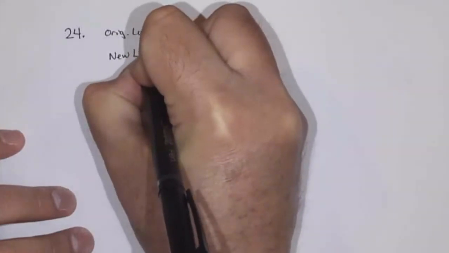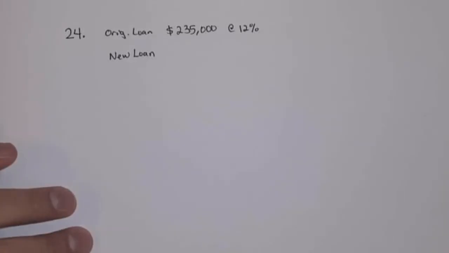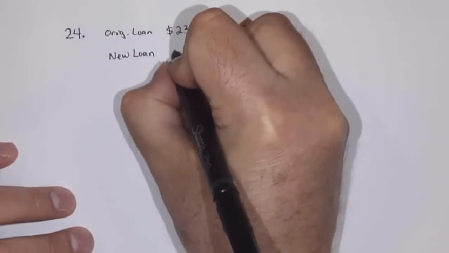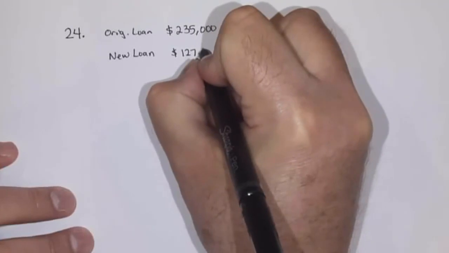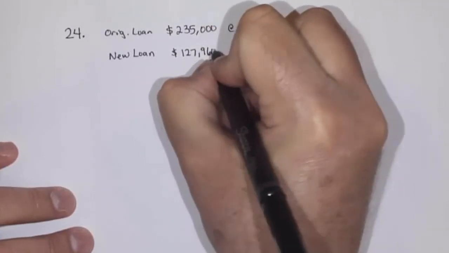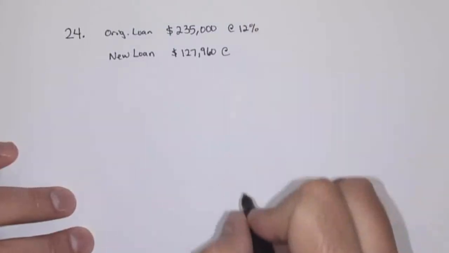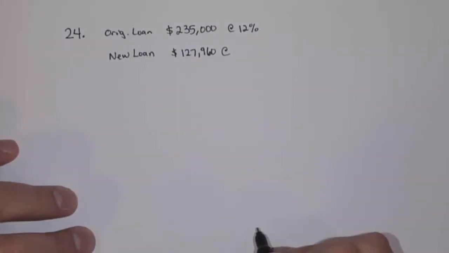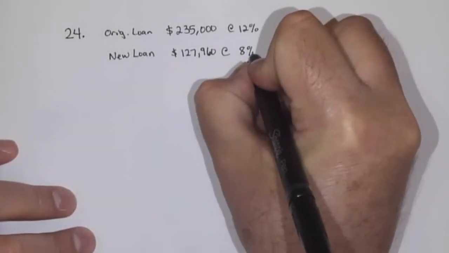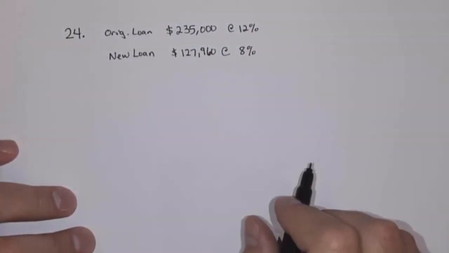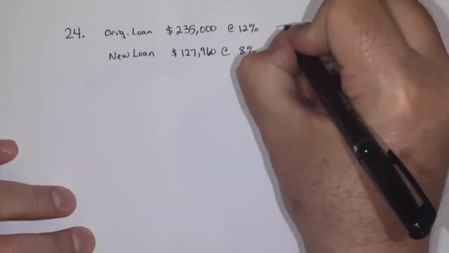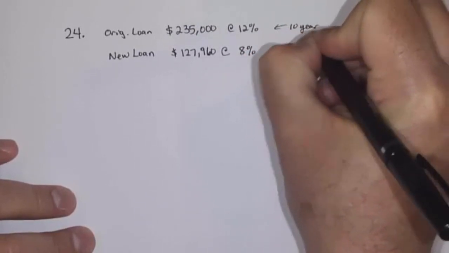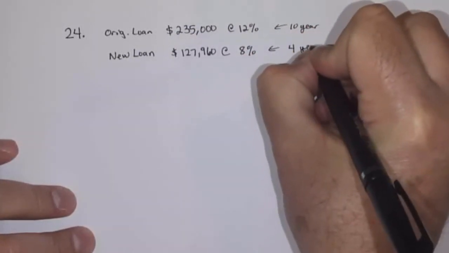So our new loan, if we completed our amortization schedule and so on, after 6 years, we still owe $127,960, and at that point, we're going to refinance at 8%. This was a 10-year loan, and this is for the remaining 4 years.